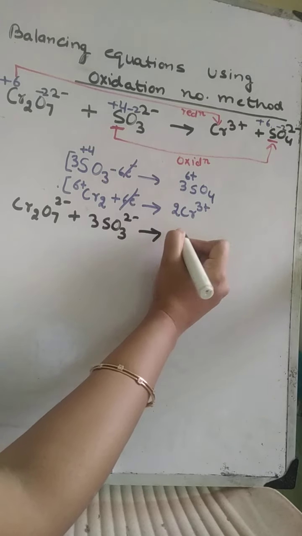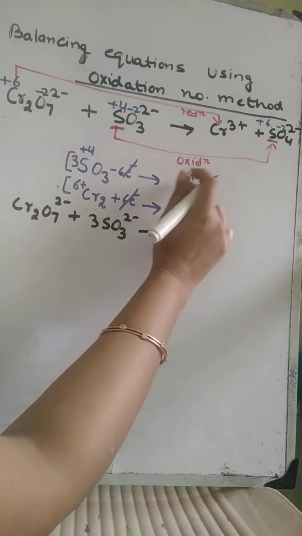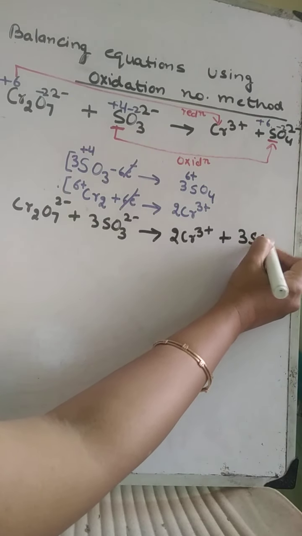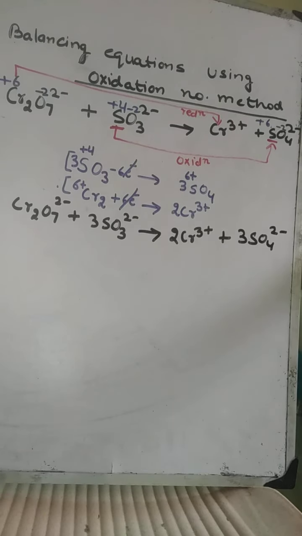Then 2Cr3 positive plus 3SO4, again the charge was given 2 negative. So we are just rewriting the equation. This part you can do in rough, you need not do in the fair.